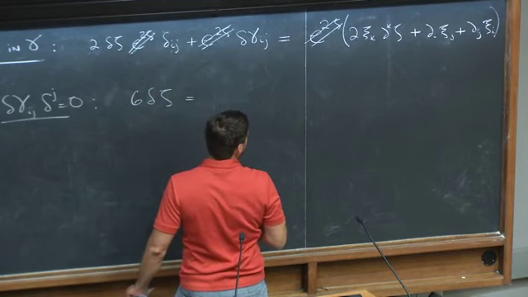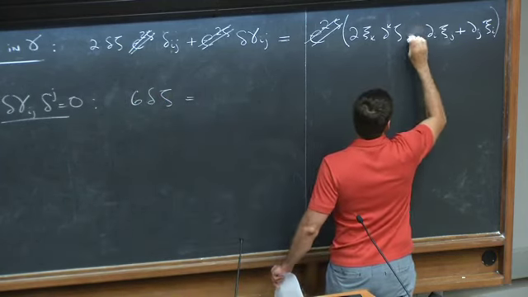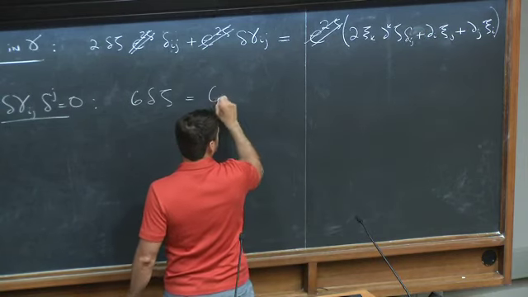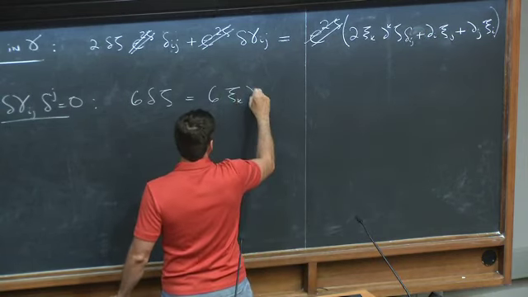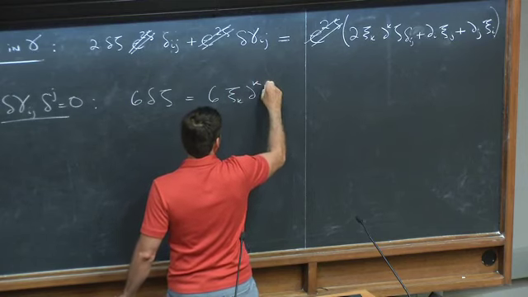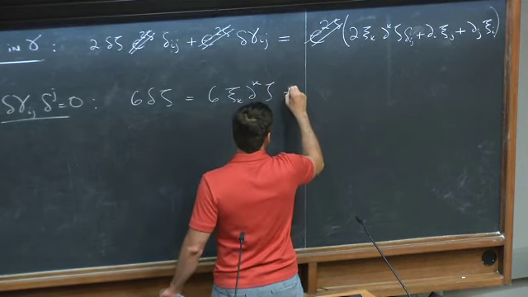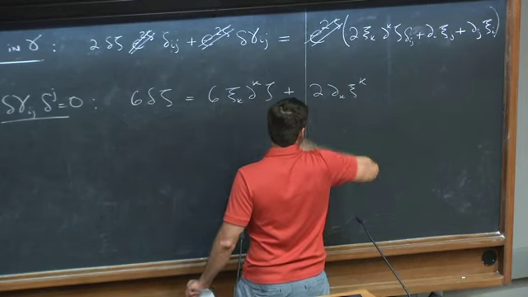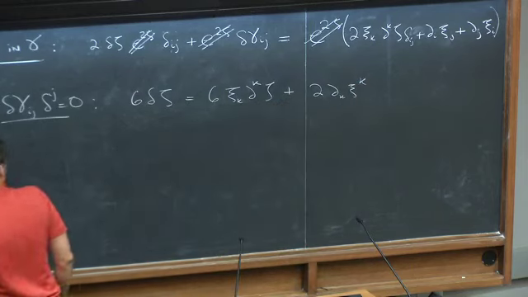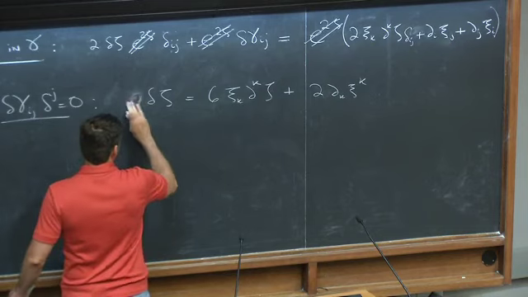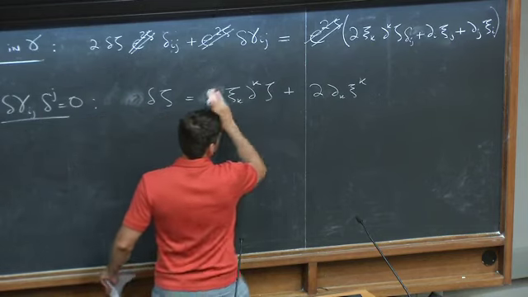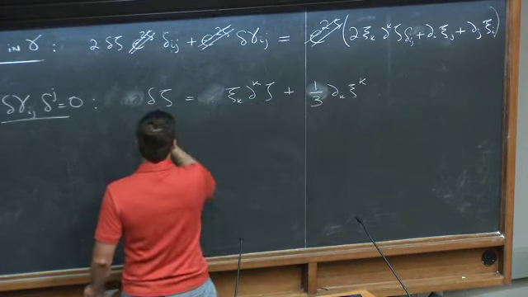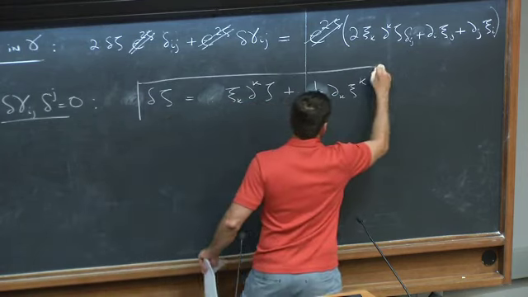And on the right-hand side, sorry, there should have been a delta ij here. This will give me also 6 ck dk zeta plus twice dk ck. Cancel the factors of 6, which makes it a third. And that's it. That's the variation of zeta.